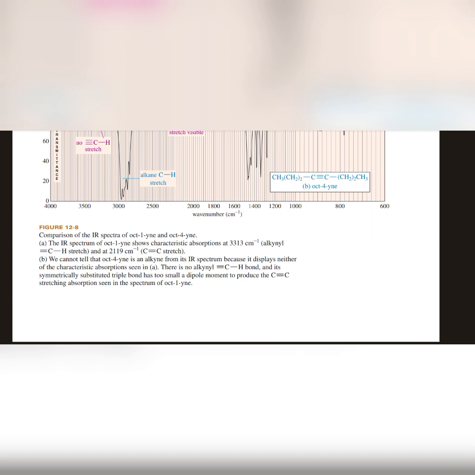There is no alkynyl C–H bond, and its symmetrically substituted triple bond has too small a dipole moment to produce the carbon-carbon triple bond stretching absorption seen in the spectrum of oct-1-yne.